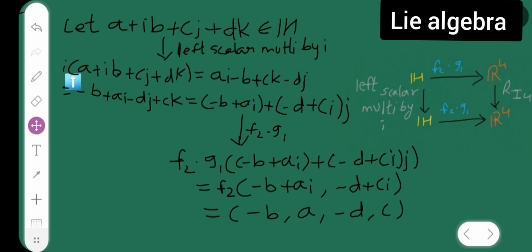Why? I into J is K, and I into K is what? Minus J, so minus DJ.